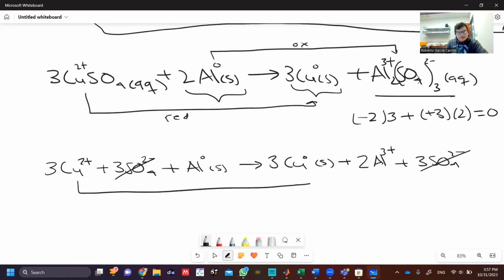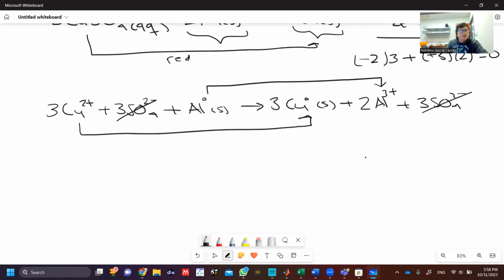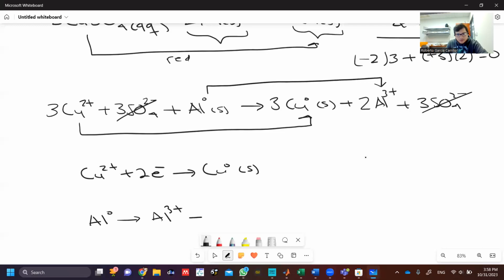Therefore, we can just write down the half equations, the reduction and oxidation for these two processes. Let's go first for the reduction. So copper 2 plus has to gain 2 electrons to form 1 atom of metallic copper. And aluminum has to lose 3 electrons to go to a +3 charge or oxidation state, like so.